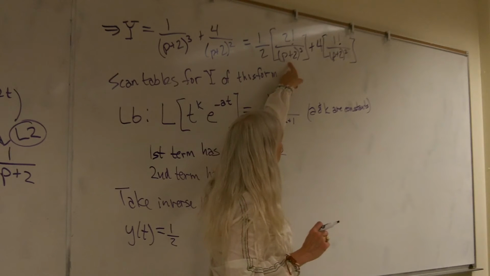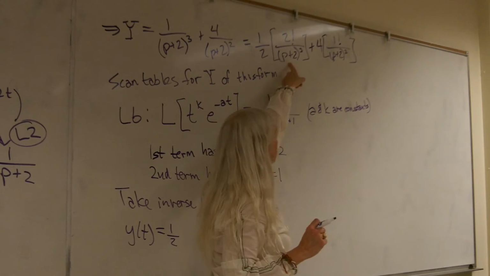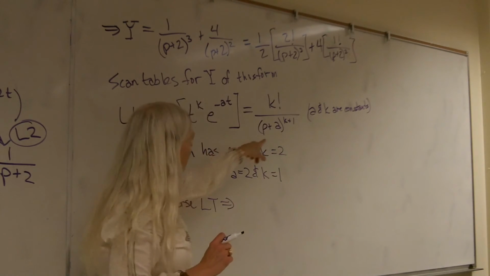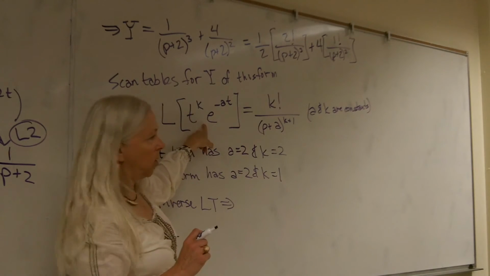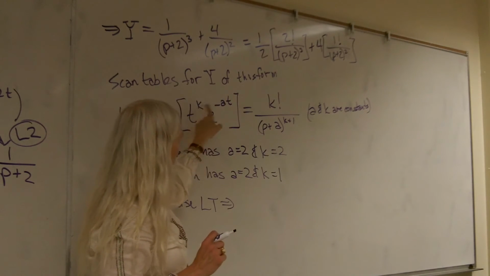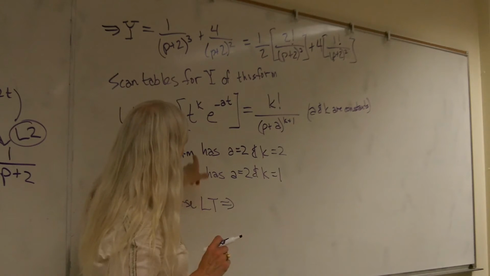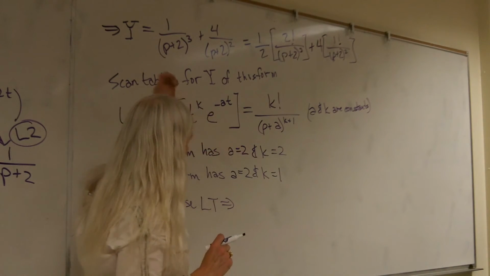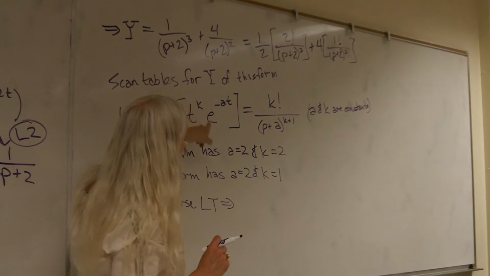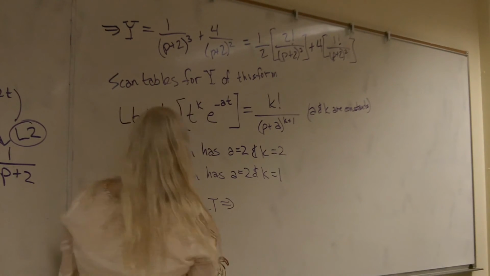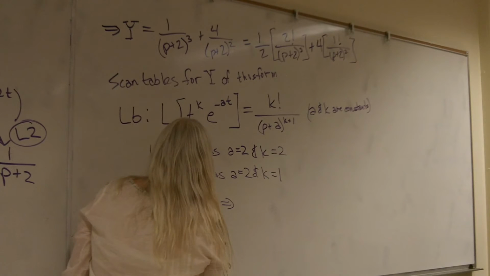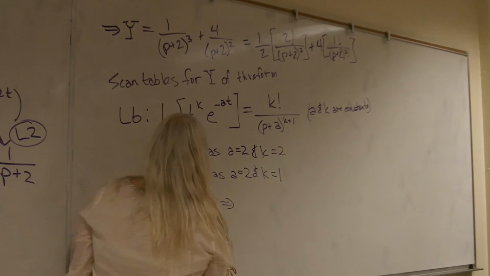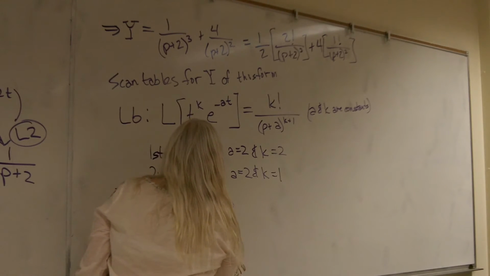The inverse Laplace transform of the quantity in the square brackets here is this quantity right here, with the appropriate values of t and a plugged in. In the first term, a and k were both 2. So we have a t squared times an e to the minus 2t.